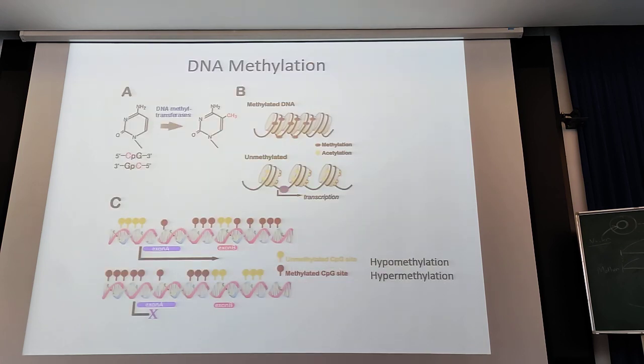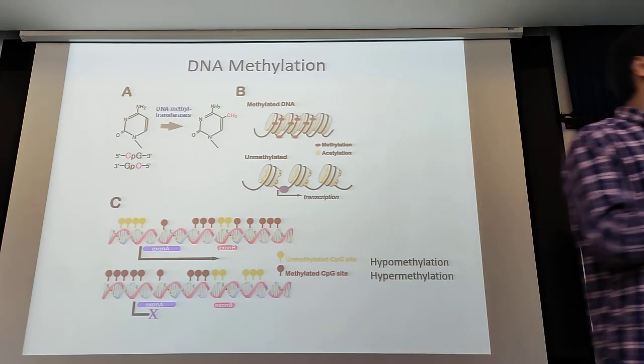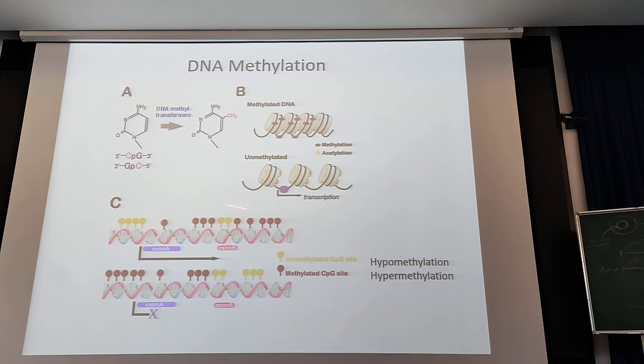And normally, in the 5' upstream region of genes, most of the cytosines are methylated. That is a signal showing that the gene is untranslated. The gene is turned off. For example, here we have a CG which is methylated.